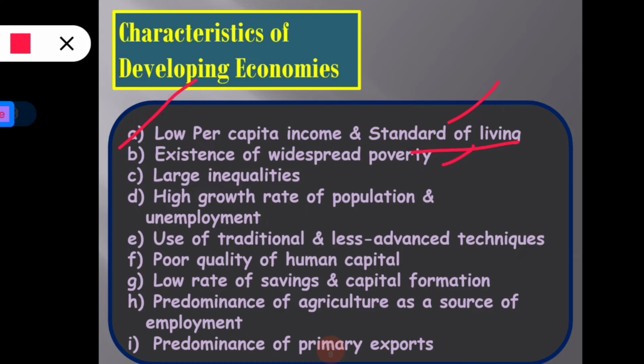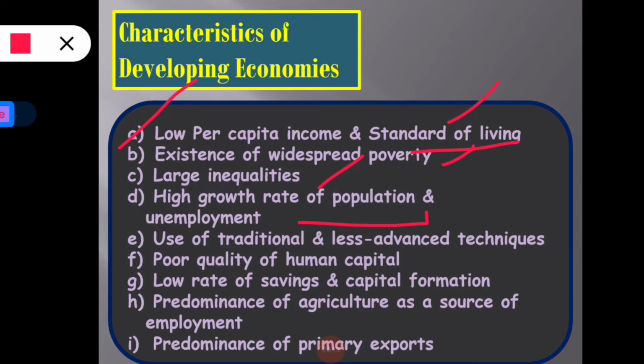So we have already discussed that in developed economies there is no or minimum level of poverty, but there is a wide level of poverty in developing economies. Now going to the third one, there are large inequalities, higher growth of population and unemployment also.